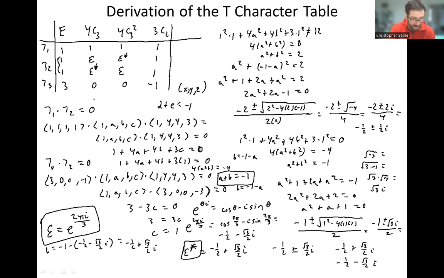Last thing we have to do is assign Mulliken symbols. These are pretty straightforward. We only have 3 of them to assign. If you have a Mulliken symbol with a dimensionality of 1, remember the dimensionality is the character underneath the identity class, you give it a value of A or B. You give it a value of A if you have a character irreducible representation that's symmetric with respect to the principal rotation axis.